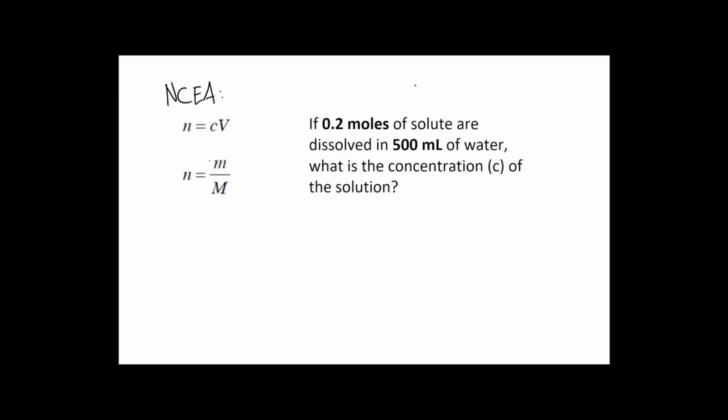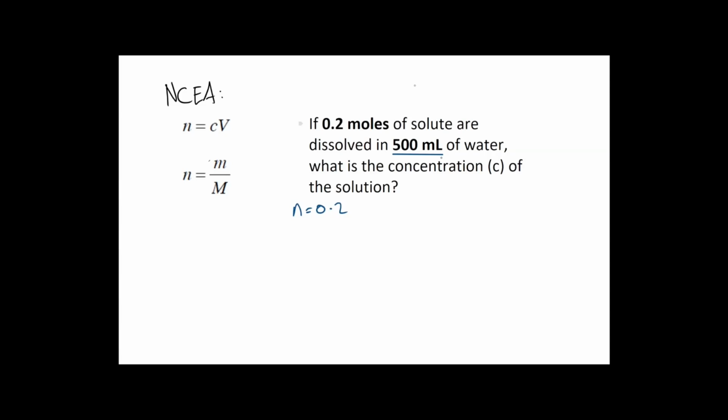So now we're told that 0.2 moles of solute are dissolved in 500 milliliters of water. What is the concentration, C, of the solution? So let's look at what we've got. We've got the number of moles, which is 0.2. And we're told that this is dissolved into 500 milliliters of water.